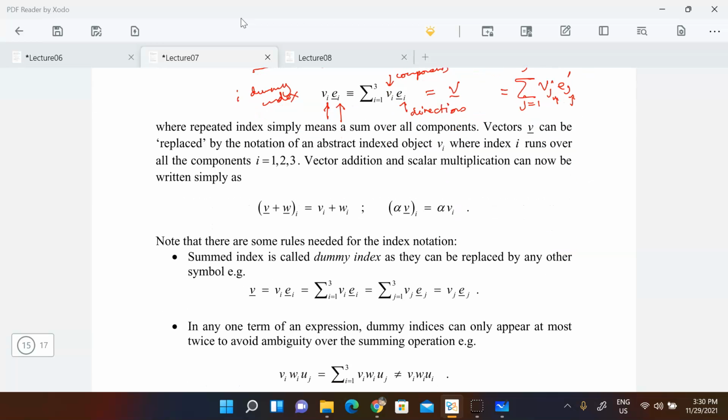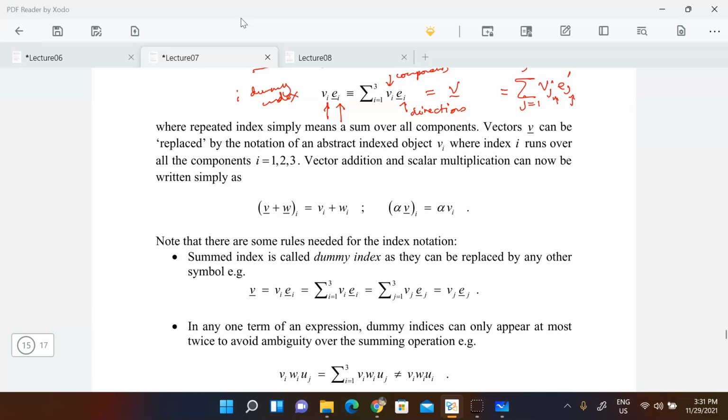So here is an index notation for addition, and index notation for scalar multiplication. The only thing that you need to be careful about, because you attach the meaning of the sum to the repeated dummy index, is to make sure that every term appearing in your expression will not have more than two repeated indices.